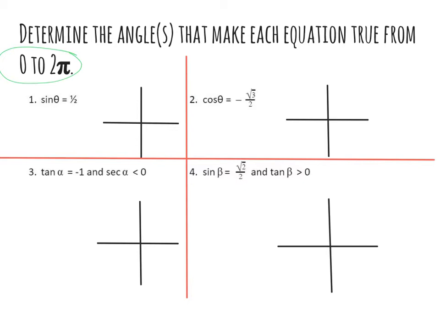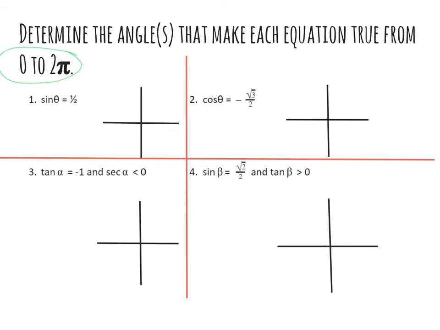So this is typically how I break these down, and you can see that I've sectioned off this page with these red lines just so that the problems don't run into one another. I like to draw axes for each of these problems so that I can think about what quadrants I'm going to be working in. And I start every problem the same way, just by focusing on the quadrants.